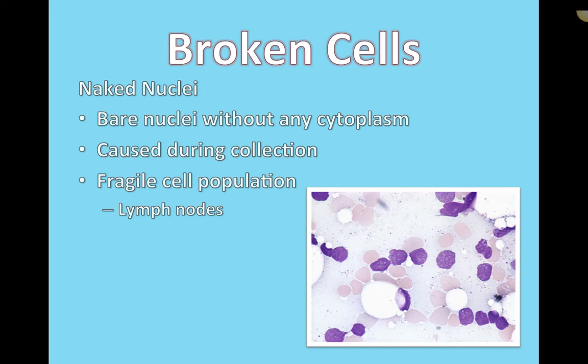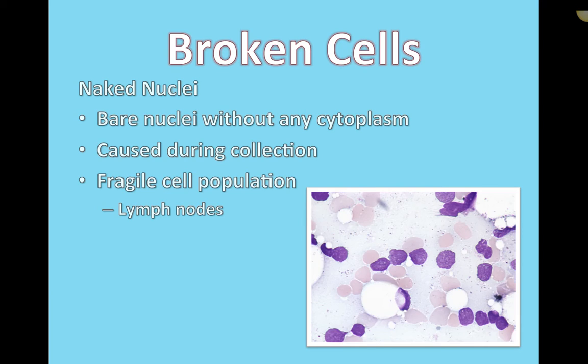But there are certain populations of cells where it's very, very common for them to happen regardless of the sensitivity of collection. So I have lymph nodes on here, yes, but thyroid gland cells, so those glandular cells associated with the thyroid, they commonly erupt when they're taken out of the body. And they're very, very sensitive. They're very, very fragile.